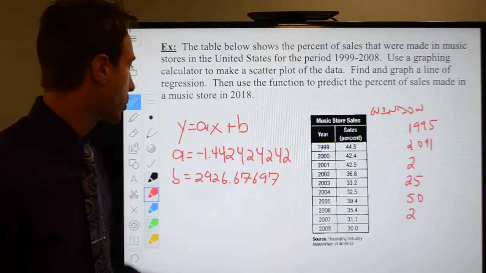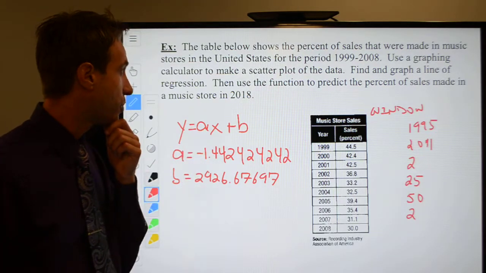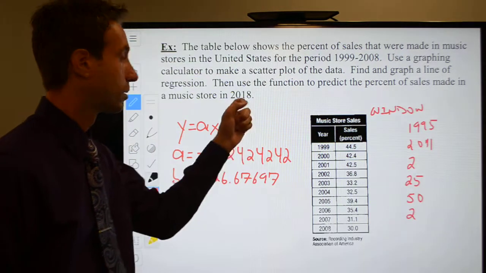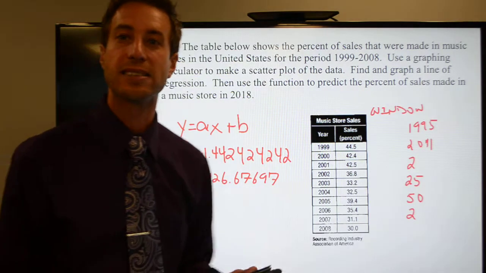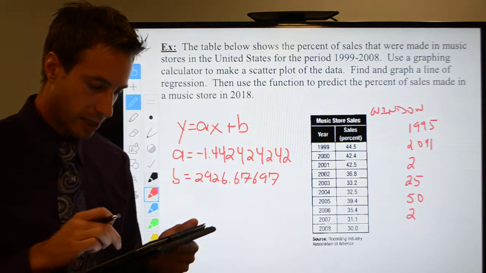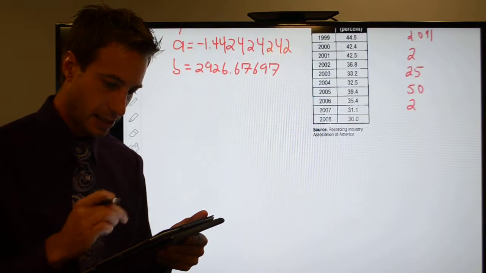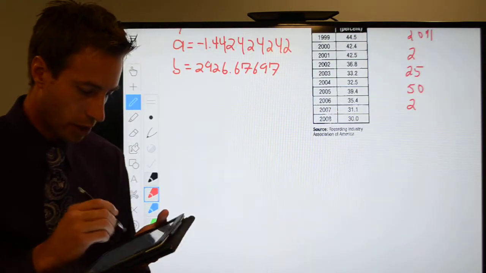Okay, well, what we're going to do is go ahead and use that to now predict 2018. What is the sales of compact CDs? Let me slide up so I have a little bit of space. There we go, and this is what we're going to get.